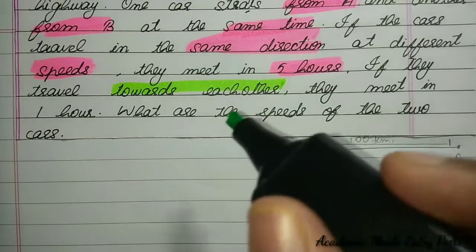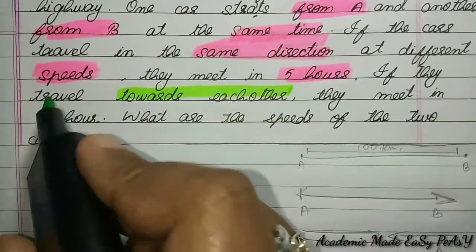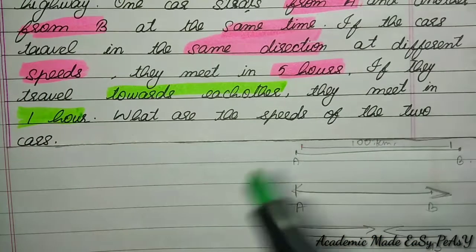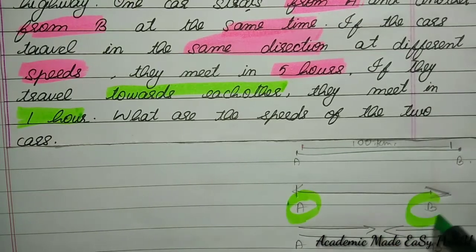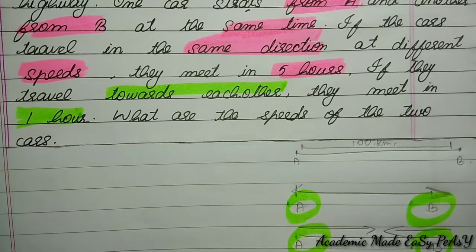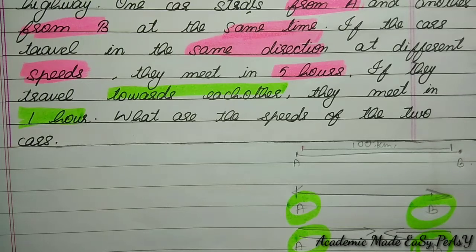If they travel towards each other, they will meet in 1 hour. Within an hour they can meet, it seems. So what are the speeds of the two cars? We have to find the speed of car A and car B, that is the car starting from point A and the car starting from point B.